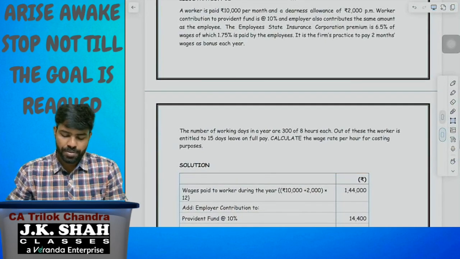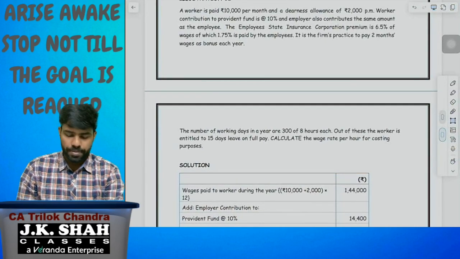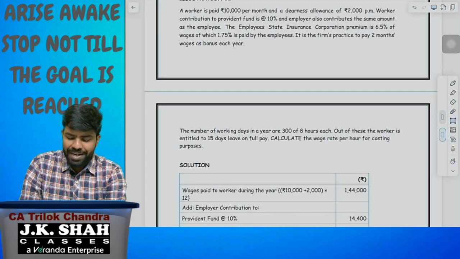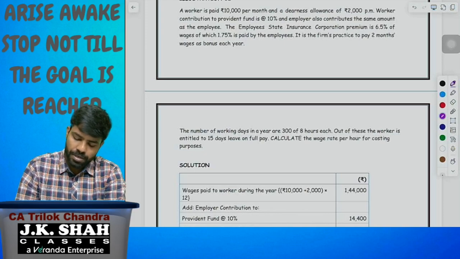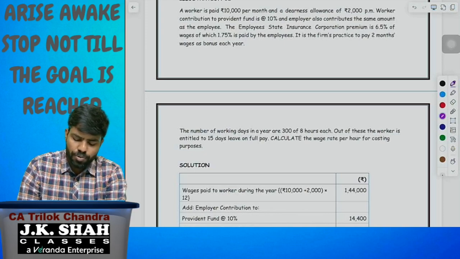Now, look at this question. The worker is paid 10,000 rupees per month and a dearness allowance of 2,000 rupees per month. Worker contribution to provident fund is 10%, and the employer also contributes the same amount as the employee.